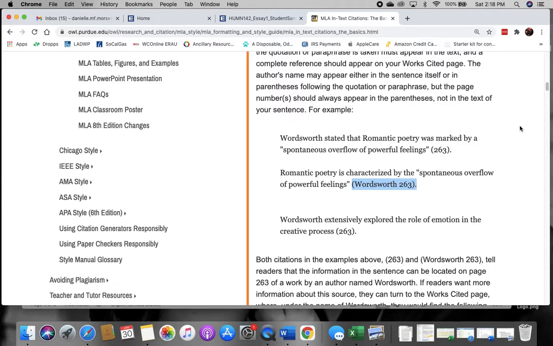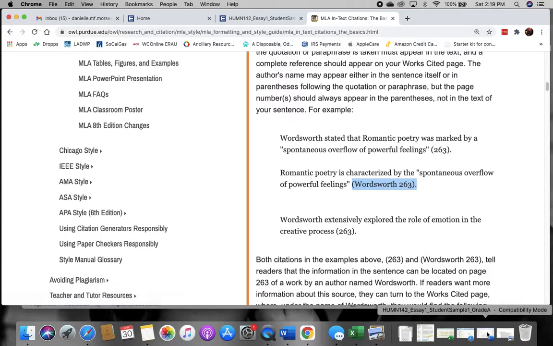But for what we're doing right now, with the exception of Jekyll and Hyde, which is an HTML document, we don't use any page numbers. We would only say, like, Stevenson. We would only use the last name for it.